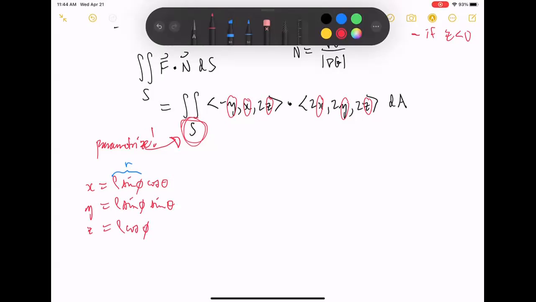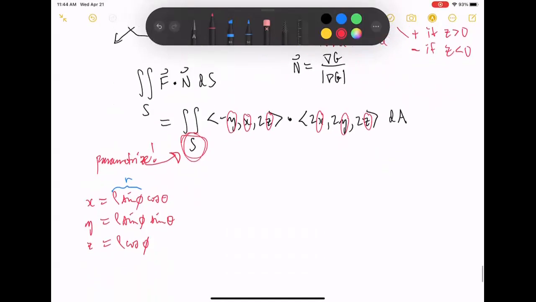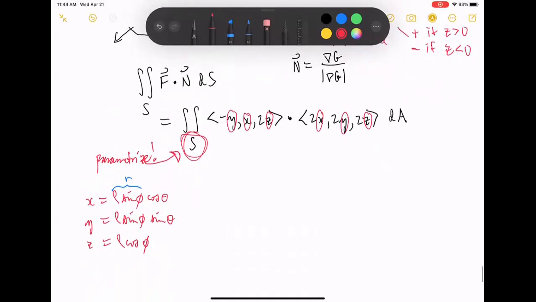Now, if I stare at this long enough, I realize that rho is always the same thing. What's rho all the time here? Yeah, rho is always 5. So x is going to be 5 sine phi cosine of theta, y is going to be 5 sine phi sine of theta, and z, of course, is just going to be 5 cosine of phi. Okay, so that's what x, y, and z are equal to in our parametrization.